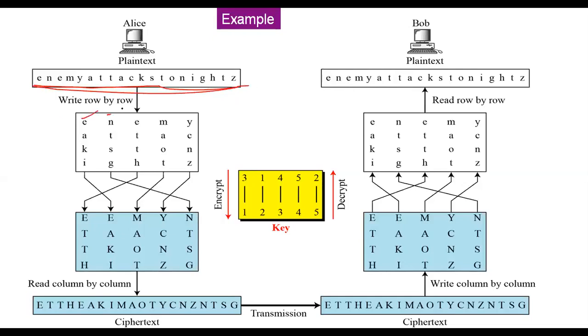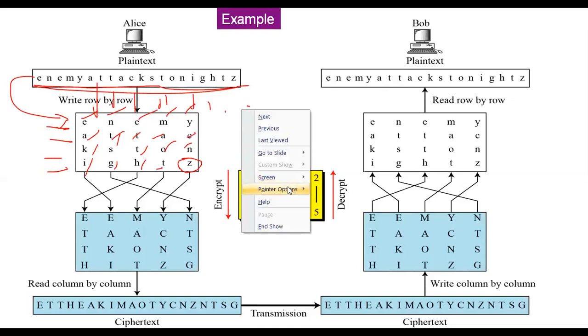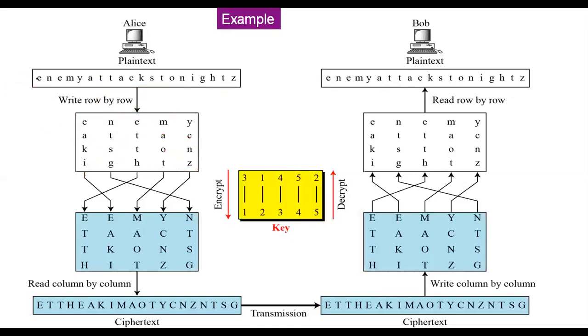So ENEMY, ATTAC, KSTON, IGHT. So add some other character, a padding character, at the blank place. I have added Z here. So the entire message is written row by row, 4 rows, 5 columns. So this is the first step. The entire text is written row by row.